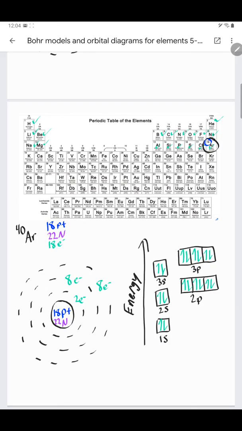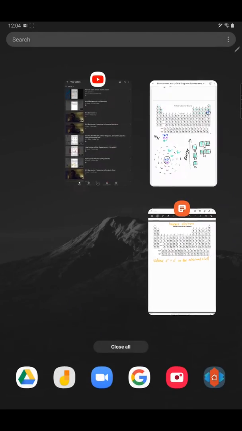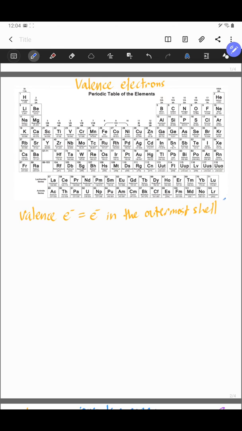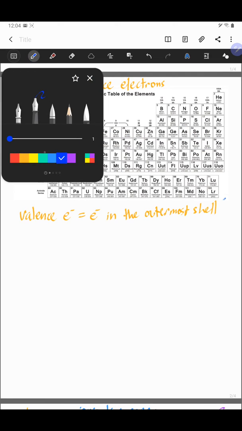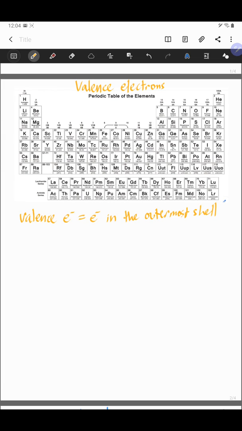We might say that on the periodic table, when we go from left to right, the number of valence electrons is going to increase. Specifically, if we cross off this d orbital region for now, it's a little bit of an exception, and we'll talk more about it later.